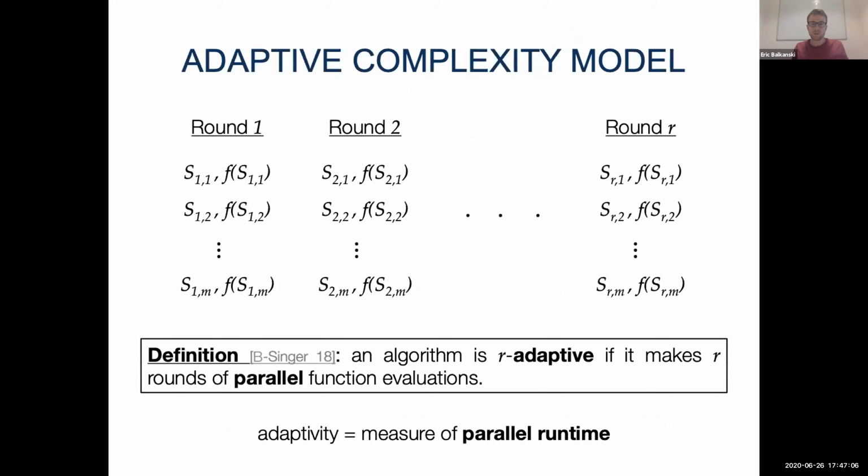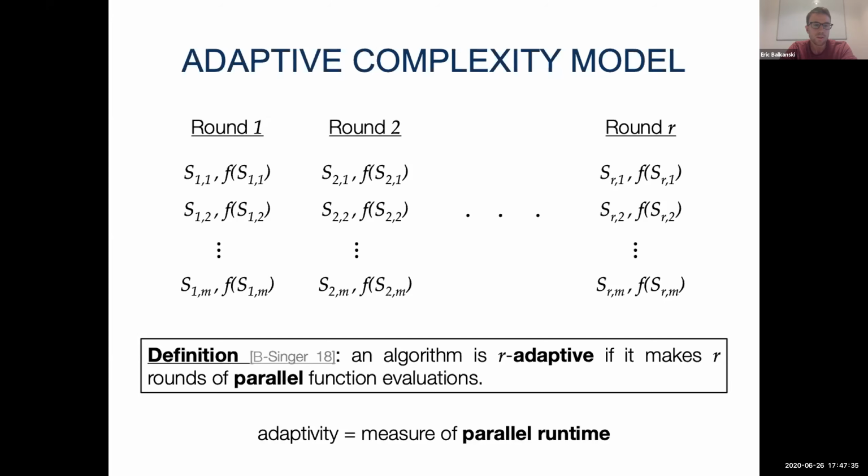So how do we measure parallelization? For that, there is the adaptive complexity model, which was recently introduced in the context of submodular maximization. The standard measure for the complexity of black box optimization is just counting the total number of function evaluations done by an algorithm.